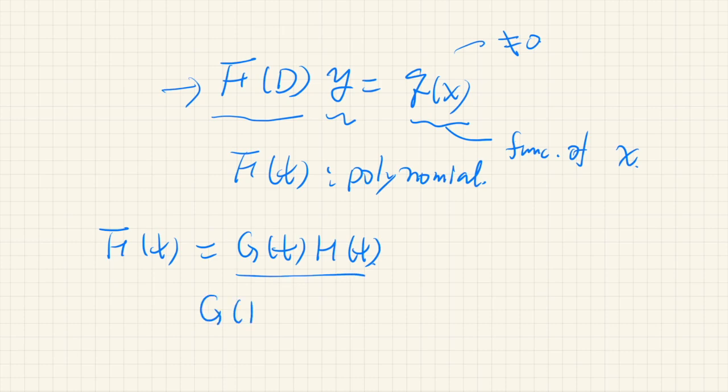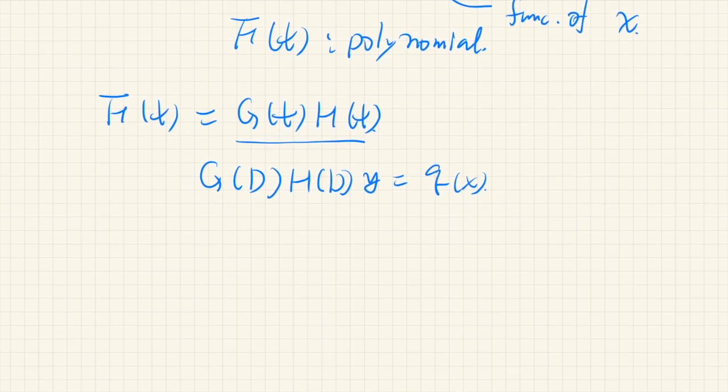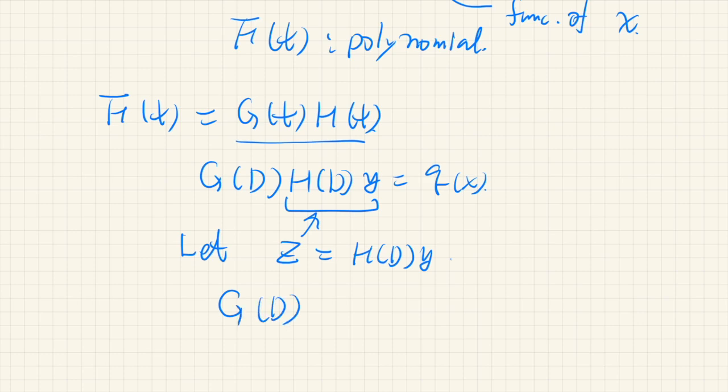So that would be g of D followed by h of D, y equal to q of x. Then let this part, h of D y, be another function z, and substitute this into here. Then we have another apparently simpler differential equation.